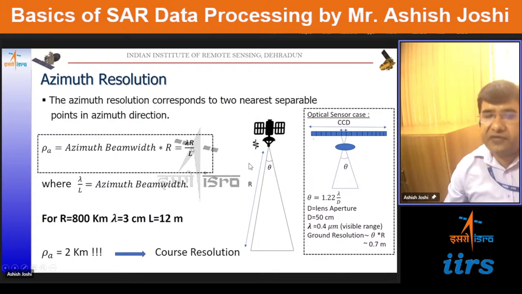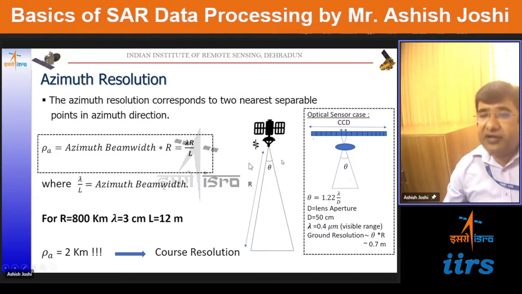If we substitute in this equation, we get around 2 kilometer resolution in the azimuth direction, which is a very coarse resolution. So with a normal radar in the azimuth direction we get a very coarse resolution, around 2 kilometers with this configuration.